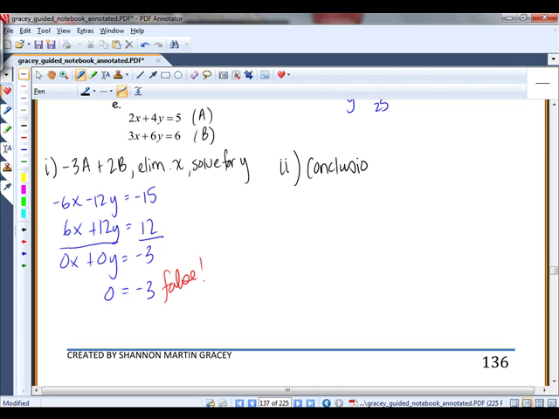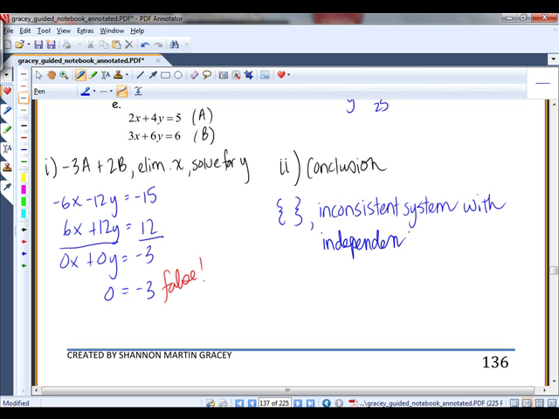So we have no solutions at all, which means we have the empty set. This system is inconsistent because it doesn't have a solution, and it has independent equations because they're not the same line.